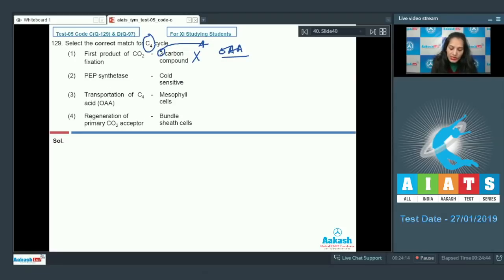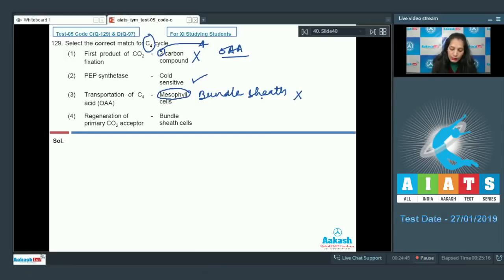Second, PEP synthetase is cold sensitive. Yes, PEP synthetase is required to regenerate the PEP, and this enzyme is cold sensitive. Third, transportation of C4 acid takes place in mesophyll cells. No, C4 acid is transported to the bundle sheath cells.